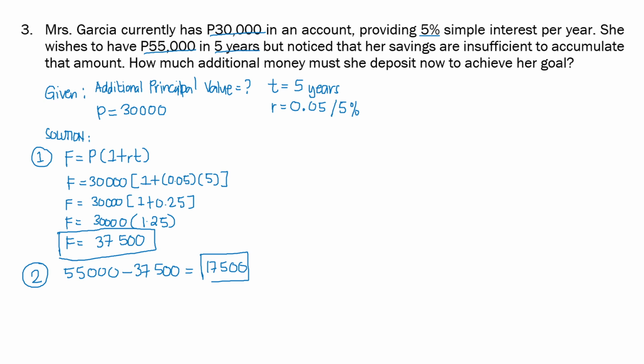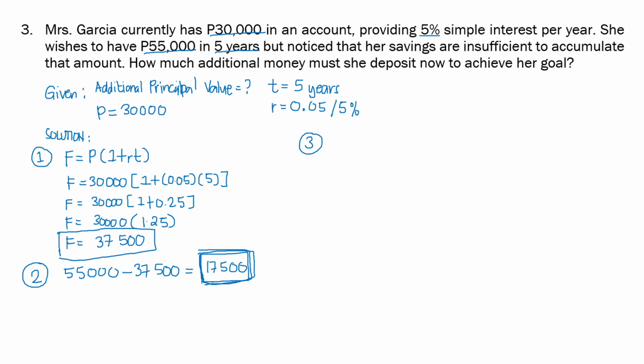So atong third step is atong pangitaan og principal value. Principal value nga kinahanglan para makakuha ta og 17,500. Again, we are going to solve. Next step is we are to solve what is the principal amount, the amount of principal value nga kinahanglan para makakuha ta og 17,500 after 5 years at 5% simple interest rate.